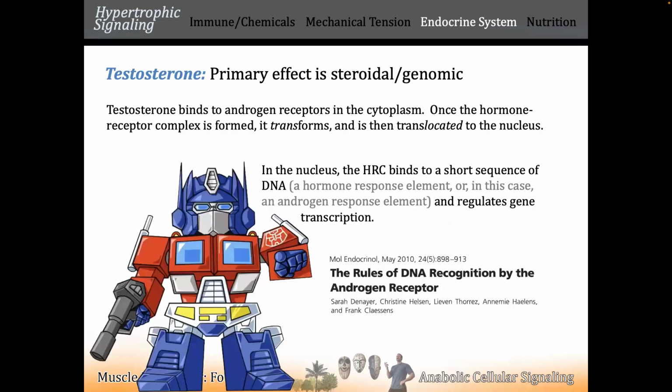So again, testosterone has a primary effect that's a steroidal one, not cell surface receptors, but it binds to androgen receptors inside the cell. Then there's a conformational change in the receptor. It's transported to the nucleus, and it binds to the hormone response element and induces transcription.